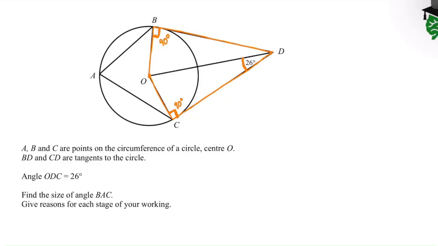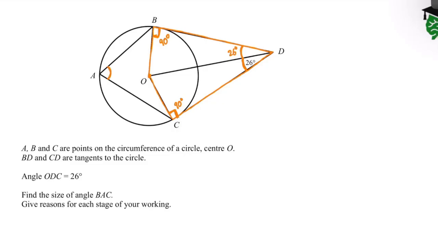So if both of these angles are the same, that means that the size of the angle BDO is also going to be 26 degrees. So those two are 26 degrees. These two are 90 degrees.